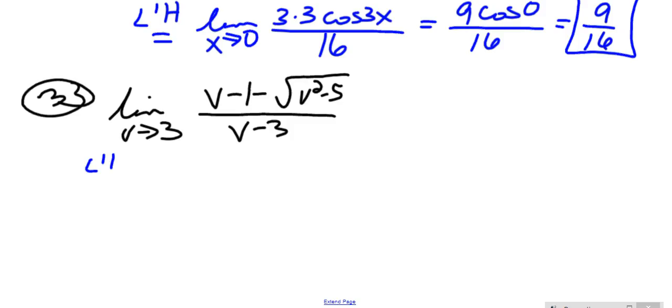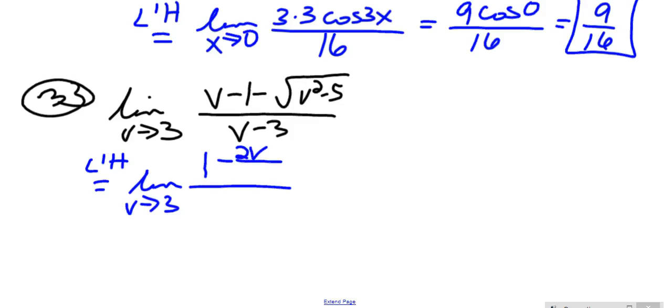So I'm going to apply L'Hopital's, and now remember, it's just the derivative of the numerator over the derivative of the denominator. The derivative of the numerator would be 1 minus, with 2v because of the chain rule, and doing the square root would be 2 times the square root of v squared minus 5. The 2's are reducing. The derivative of the denominator is 1.